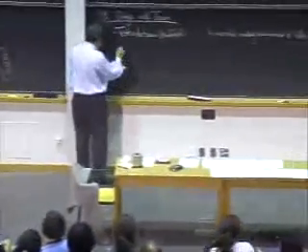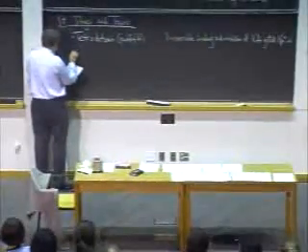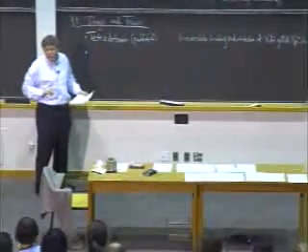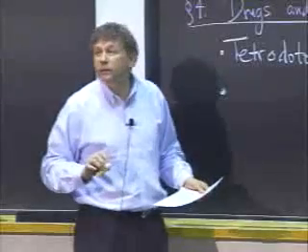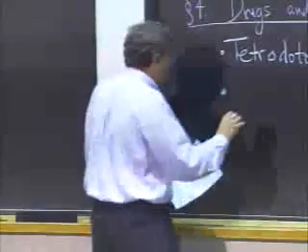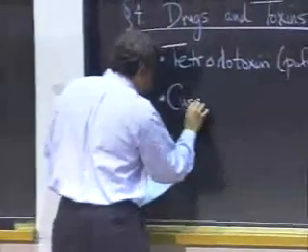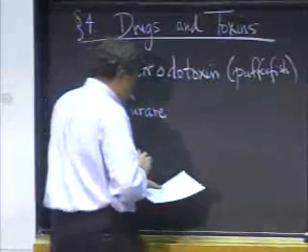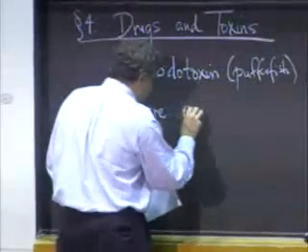There are other things. Has anyone ever fired poison darts in South American jungles? Okay, well, if you have, you would have tipped them with curare. Curare is used to make poison darts.